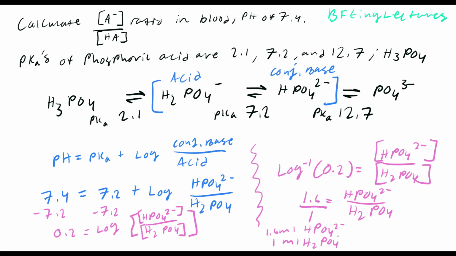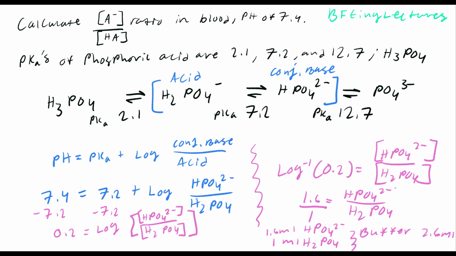So in total, your buffer is about 2.6 milliliters in total. Okay, 1.6 of that is the conjugate base, and 1 milliliter of that is the initial acid. Okay, so that's how you find the buffer for a system.